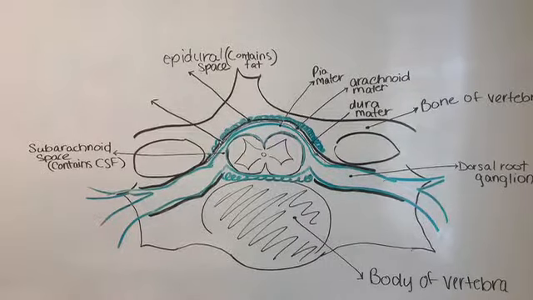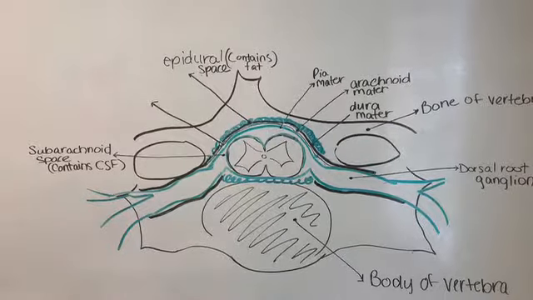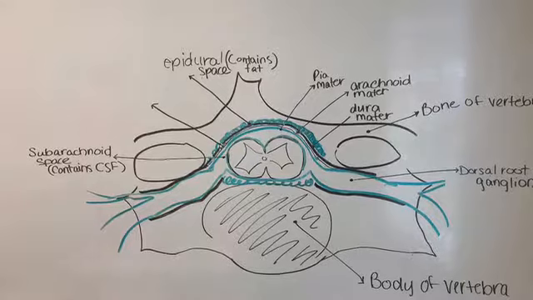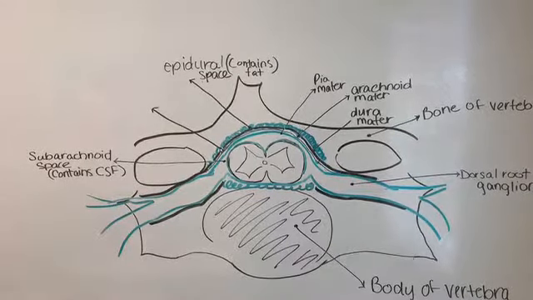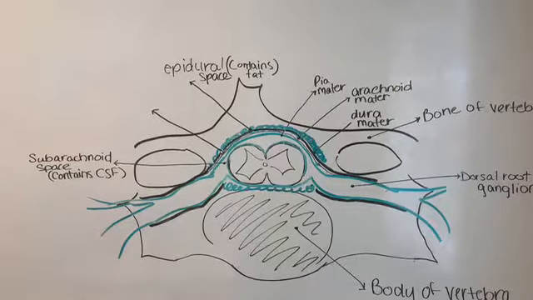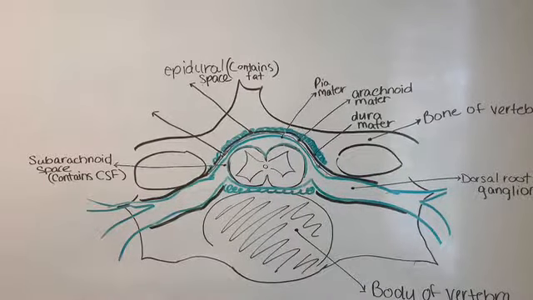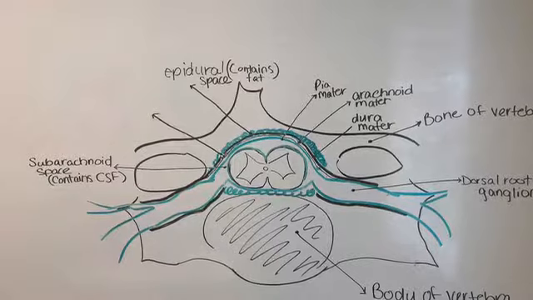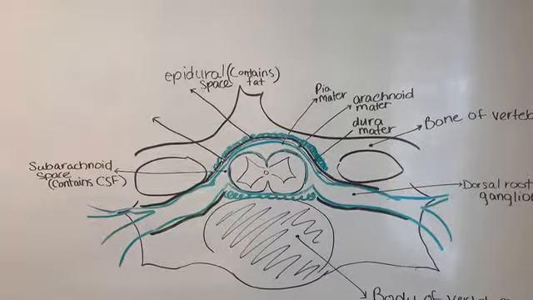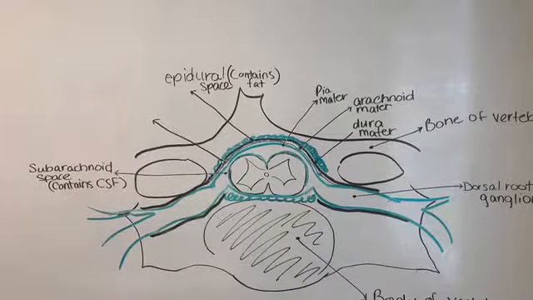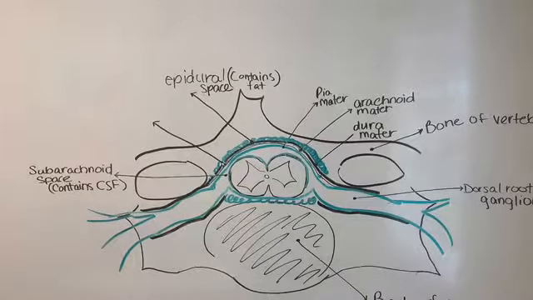Subdural space, a tiny space deep to the dura mater, filled with synovial fluid. Arachnoid, deep to the subdural space, web-like. Subarachnoid space, in between the web strands, filled with cerebrospinal fluid. And pia mater, which is on the spinal cord itself.